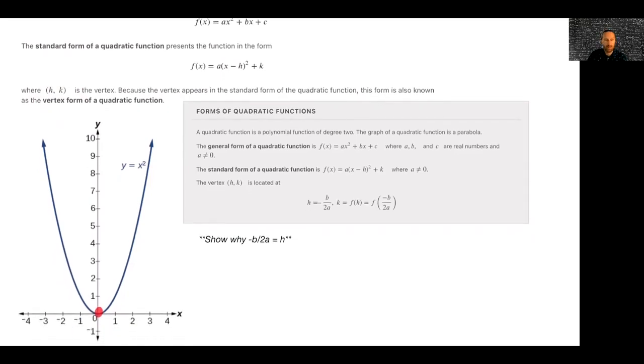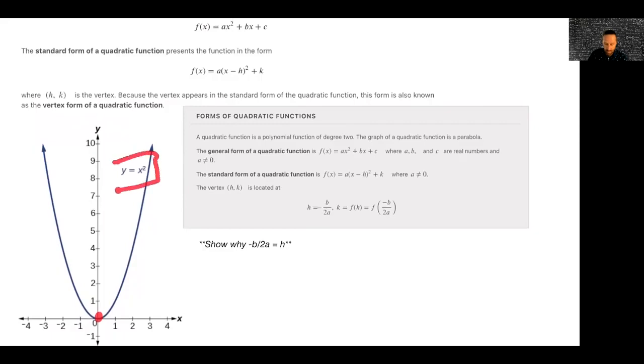As you can see here, graphed is the generic parent graph that we already reviewed a couple sections back, y equals x squared, where if I stick in anything for x and square it, I get out my y value: 0, 0; 1, 1; 2, 4; or negative 1, 1; negative 2, 4; and so on.